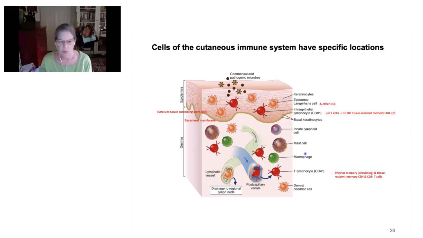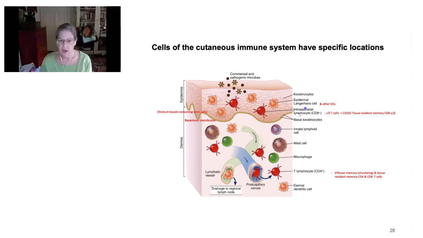So B cells will get activated, but they will go somewhere else and secrete antibody, typically to the bone marrow for long-lasting antibody responses, or the spleen, for instance. So it tends to be T cells here.